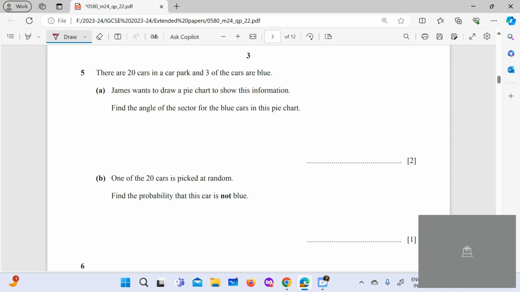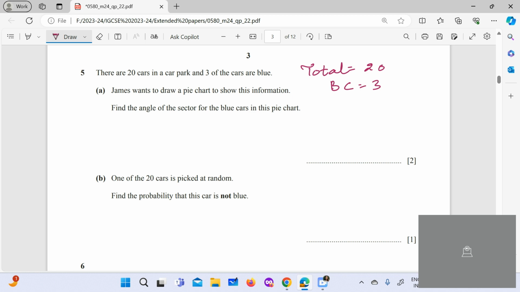Now, the next question is, there are 20 cars in a car park and 3 of the cars are blue. Okay, so total number of cars are 20 and blue cars are 3. James wants to draw a pie chart to show this information.